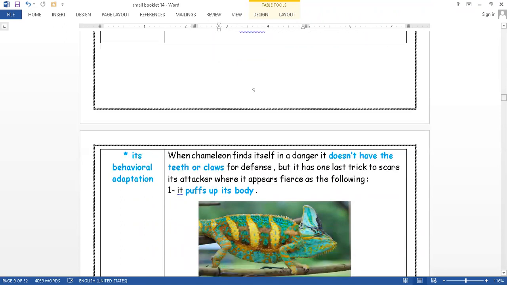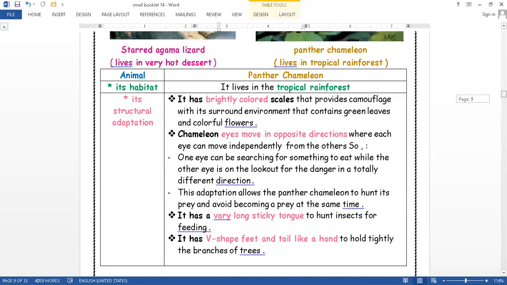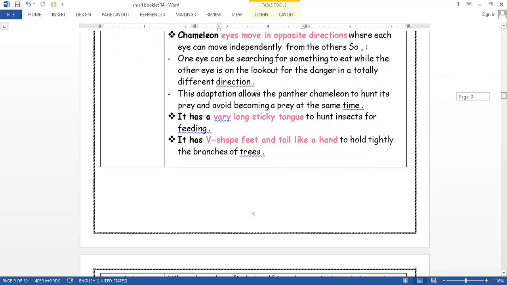Why does it have a V shape? To hold the branch very well, so we avoid unbalancing for it. So all of them are related to the components of the lizard, so they refer to structural adaptation.